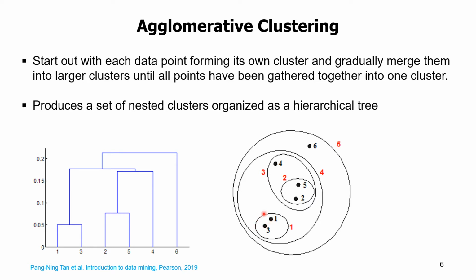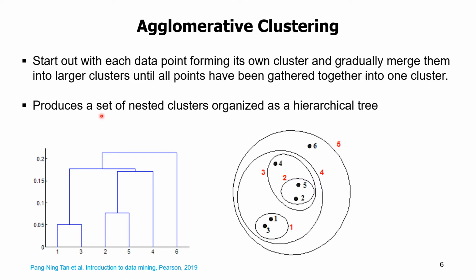You merge these together, 1 and 3, and next these two are close, so these two are merged, and then this one and this one are merged. After that, this cluster and this cluster are merged like this, and finally this cluster is merged with this one here, and we have one big cluster.